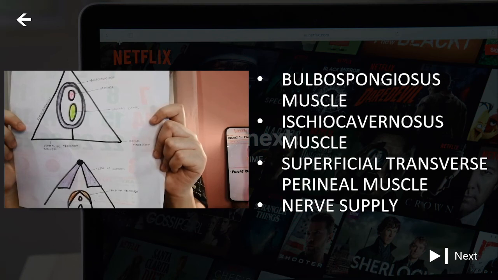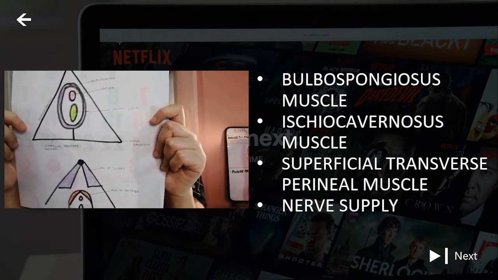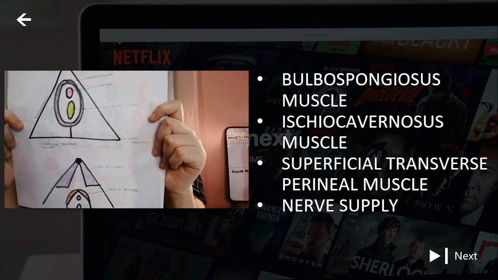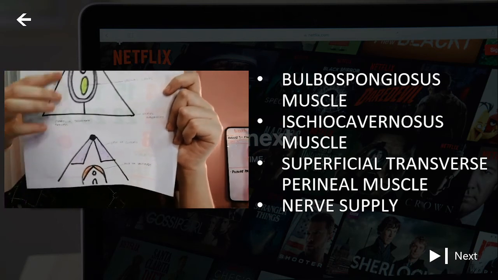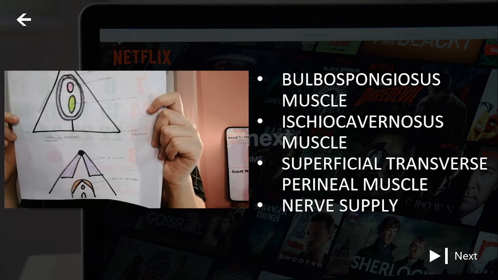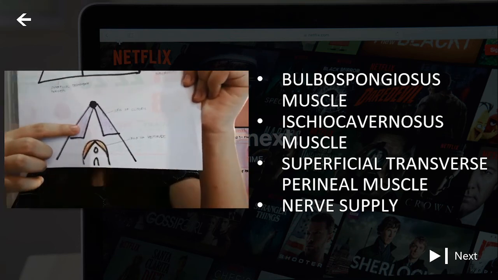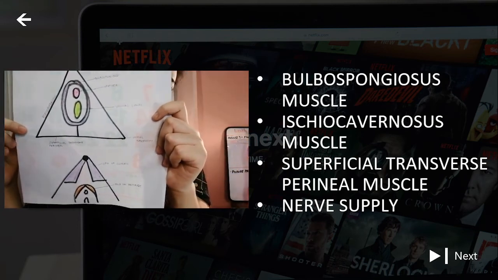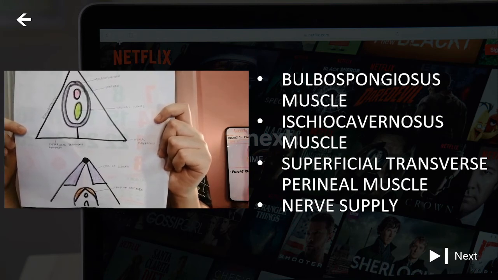This muscle reduces the size of the vaginal orifice and compresses the deep dorsal vein of the clitoris, thereby assisting the mechanism of erection of the clitoris. And the ischiocavernosus muscle, which is located right here, on each side covers the crus of the clitoris, which is this one right here. Contraction of this muscle assists in causing the erection of the clitoris.